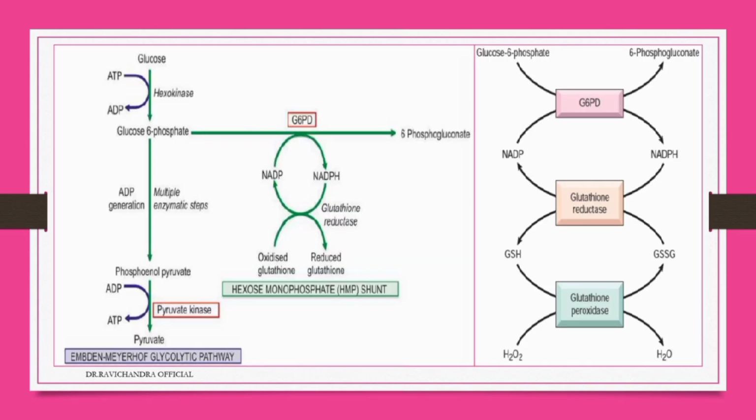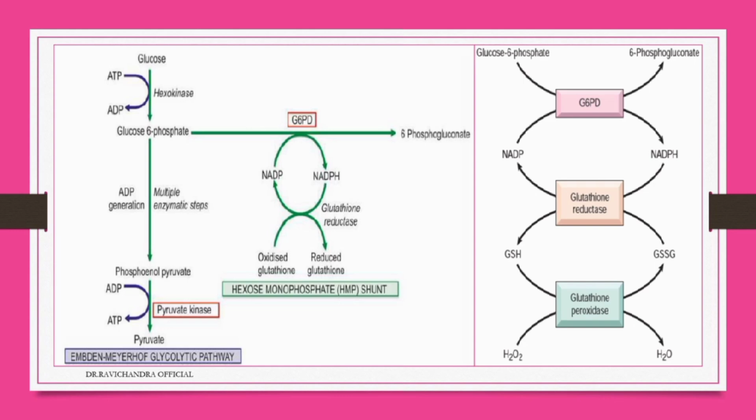Glucose is converted to glucose 6-phosphate with the help of hexokinase enzyme, and this glucose 6-phosphate is converted into 6-phosphogluconate with the conversion of NADP to NADPH, which reduces glutathione in the presence of glutathione reductase. The glucose 6-phosphate is also converted to phosphoenol pyruvate with ADP generation through multiple enzymatic steps, and in the last step phosphoenol pyruvate is converted to pyruvate with the help of pyruvate kinase.